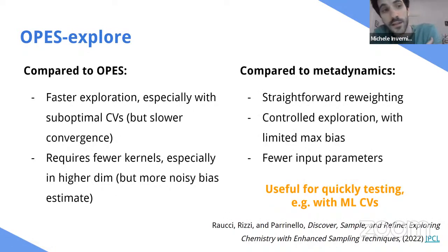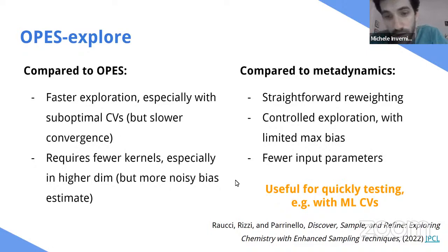If we compare instead OPES-explore with metadynamics, we still have the straightforward reweighting of OPES. We still have the controlled exploration by setting this barrier term and have a limited maximum bias, so the bias won't grow indefinitely. And we have fewer input parameters, because we just need to tell the system what's the barrier that we want to overcome.